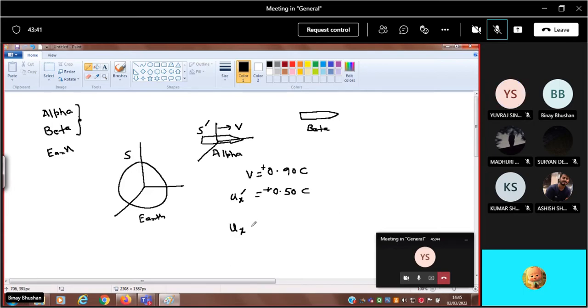So ux will be, just recall, the inverse Lorentz transformation for velocities, with v by c square ux prime. So now you have to put the values of both, and it has been solved, and it has come out to be 0.97 c.